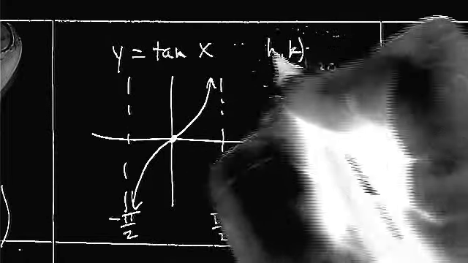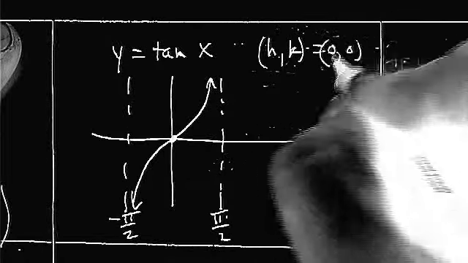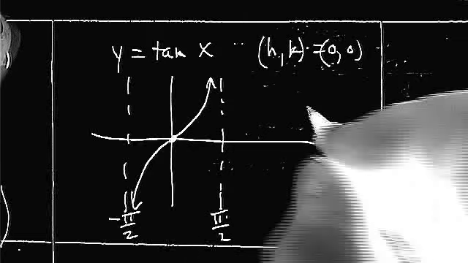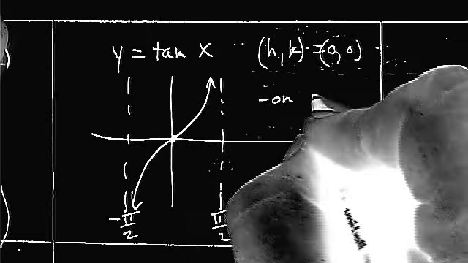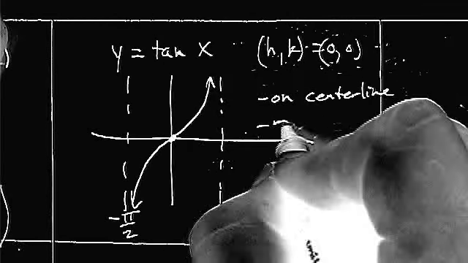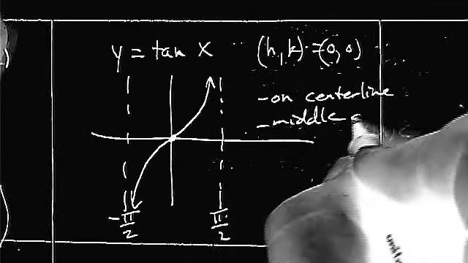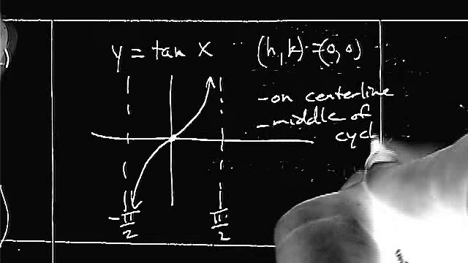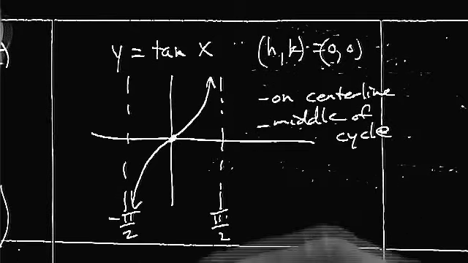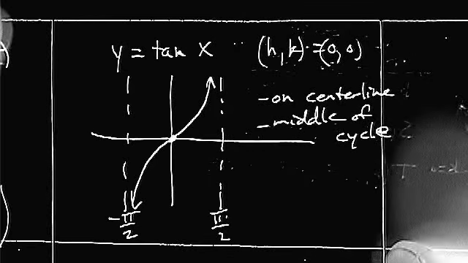H, k being 0, 0 sits on the center line in the middle of the cycle. I know we have many more of these things in either direction, but this gets you the idea.